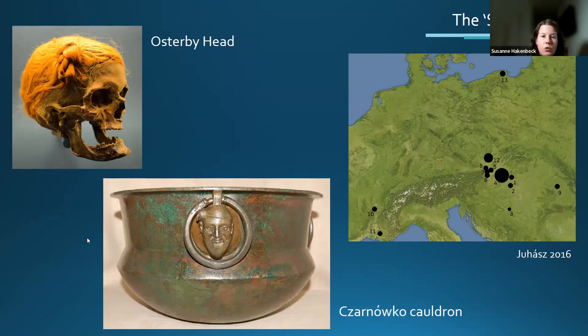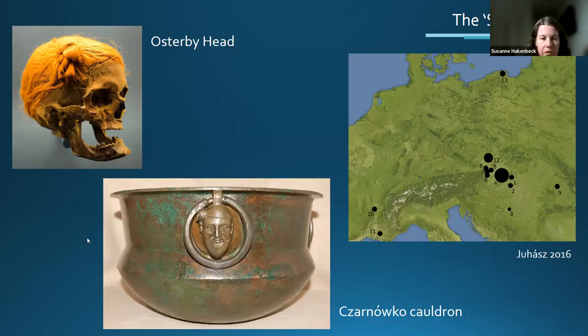And there is also a small but significant number of similar objects, such as the one in the center, the Czarnówko cauldron, which is located at number 13 on the map. That was found in Poland. A very similar object, again with the bust of a person on a bronze cauldron.